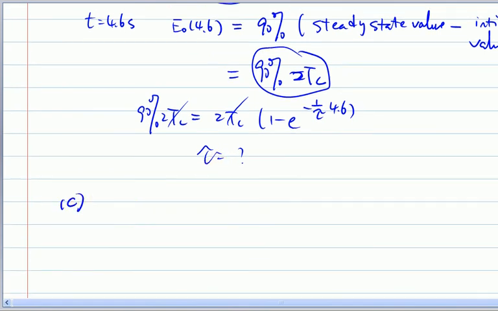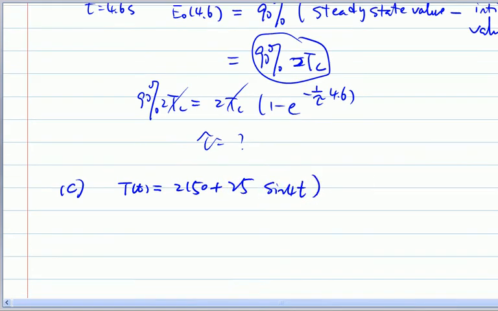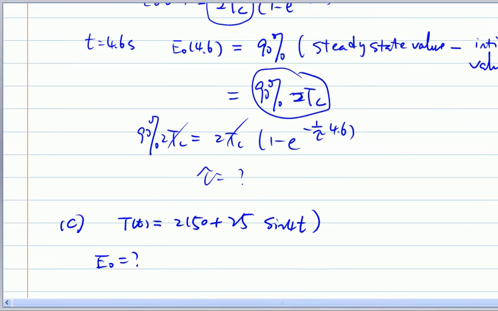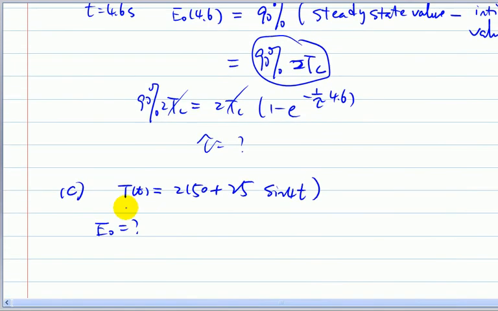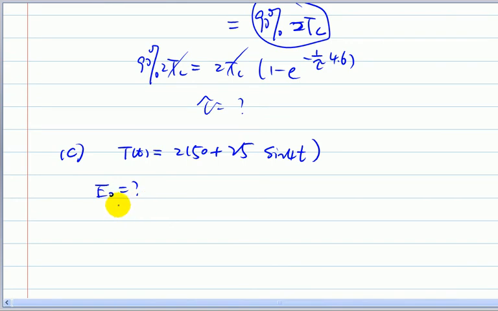The third part is when the input T equals 250 plus 25 sine 4t. What will be the output E naught? The equation is the same, but we just replace the capital T, the temperature, with this quantity. I don't need you to solve it.